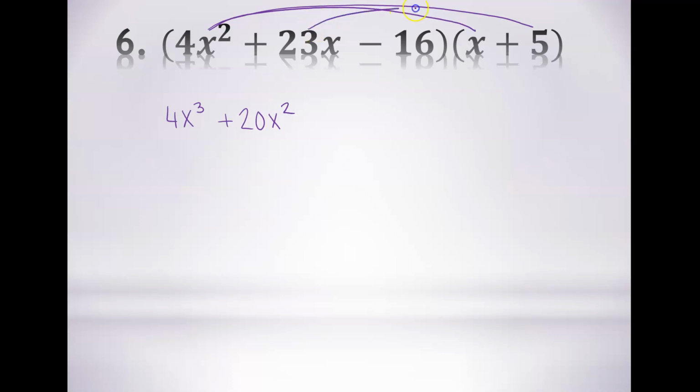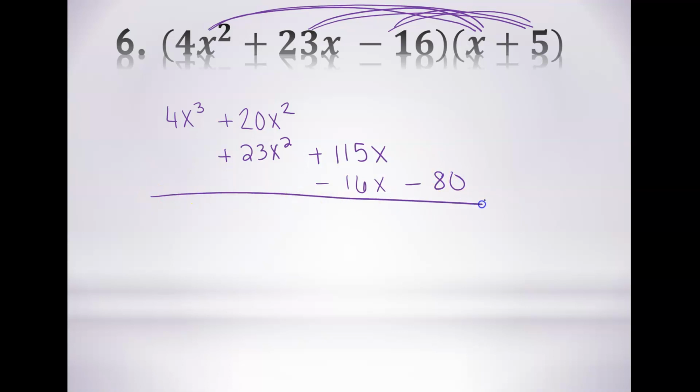Then we're going to take the next term and multiply it. So you get plus 23x squared. Then you're going to take the next term and multiply it. So you're going to take 5 times 23, and that would give you 115x. And then we're going to take the last term, so you get negative 16x, and then negative 16 times 5 would give you negative 80.